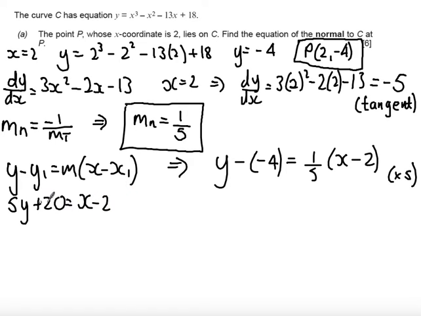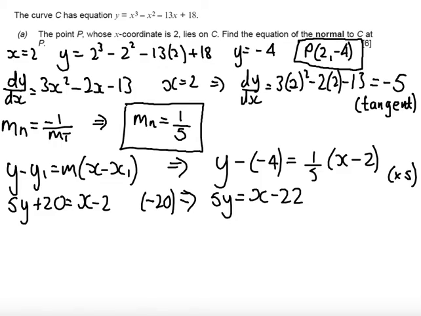So I just want to tidy up and get one constant. We can subtract the 20 from both sides. It's up to you how you rearrange it. So this gives us 5y is equal to x minus 22. And that is the equation of our normal.